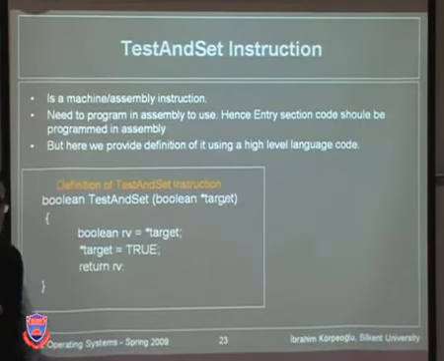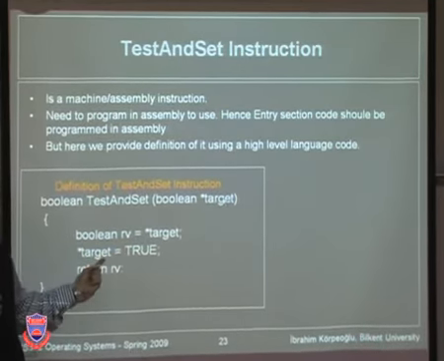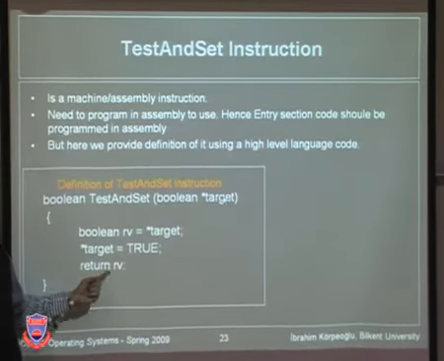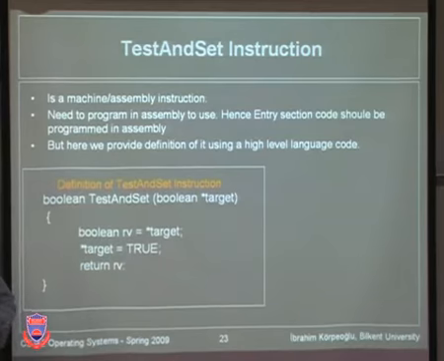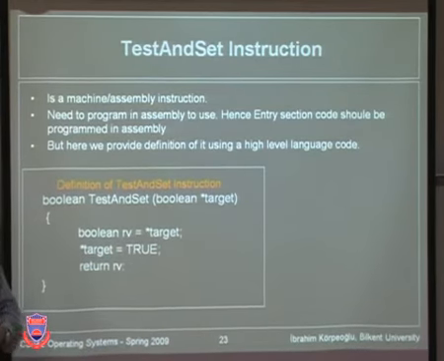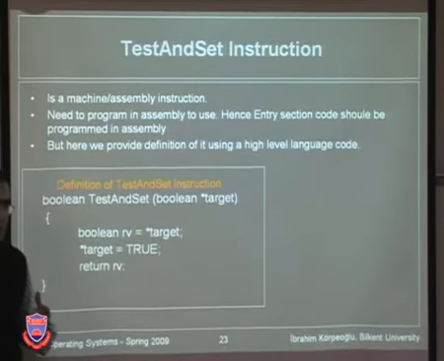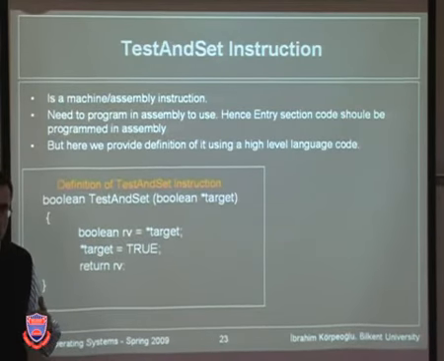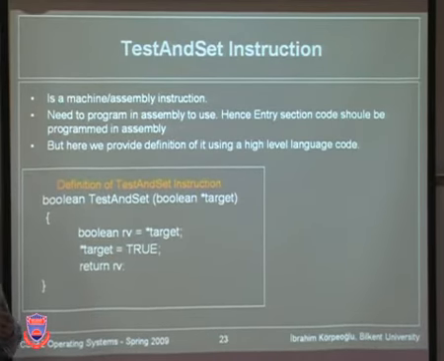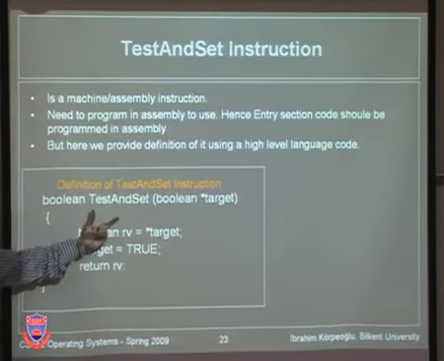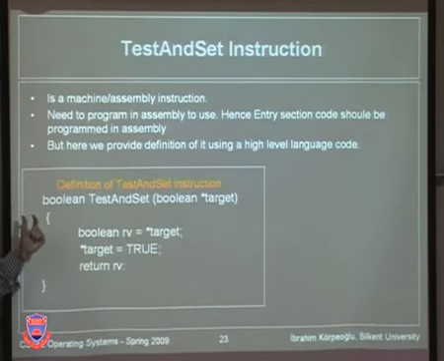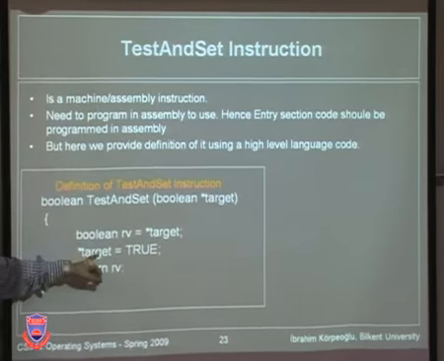We read the value, then we set the value to true, and then we return the value. As a result, it is both reading the value into a register and also setting the value. Normally, you would do this operation in two machine instructions, moving the value from a memory variable into a register, and then setting the memory variable value to 1, for example, or true. But now we have a single instruction that does that. That instruction just returns the previous value and also sets the value of the target to true.